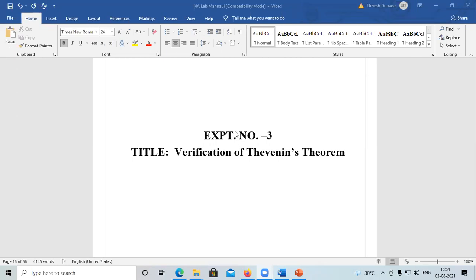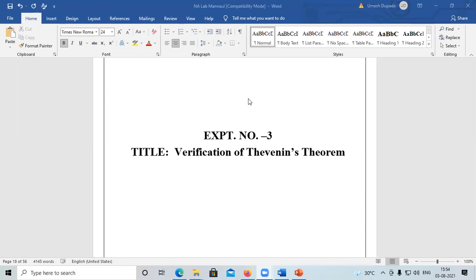Now see, first of all, we will see some introduction related to Thevenin's theorem. Anyone tell me what is the statement of Thevenin's theorem? And what is the procedure, or what are the steps to be followed while solving Thevenin's theorem? Does anyone know the statement of Thevenin's theorem?